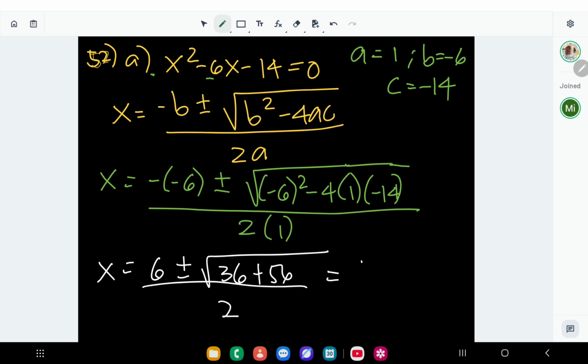Then we simplify this. 6 plus minus square root of 36 plus 56, that is 92 over 2. Now how do we factor 92?